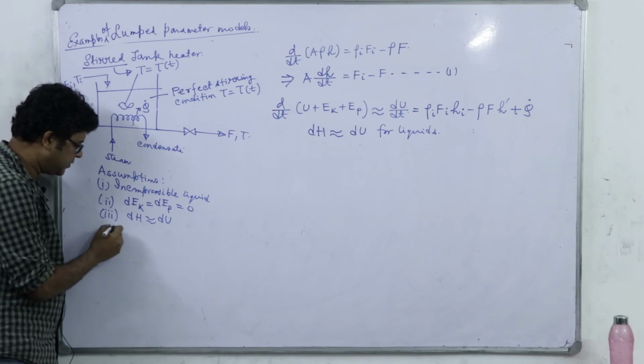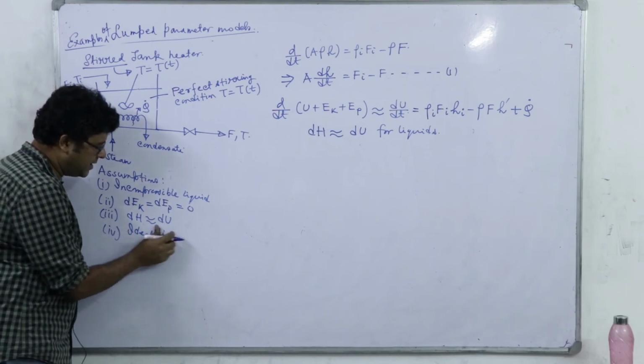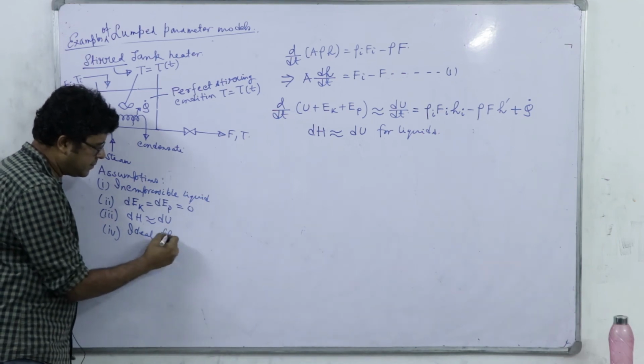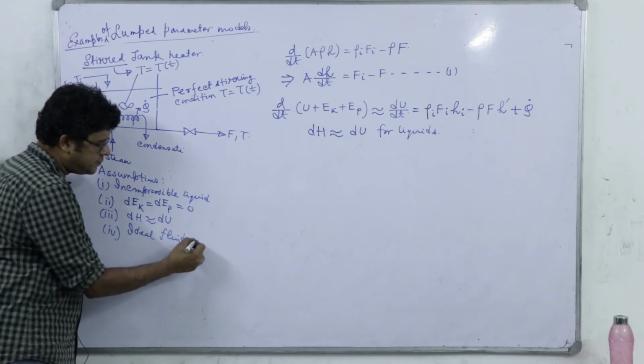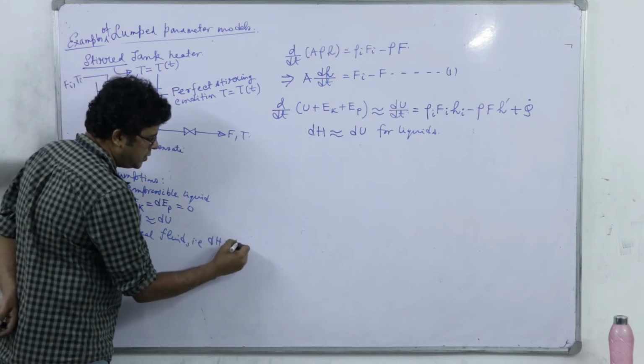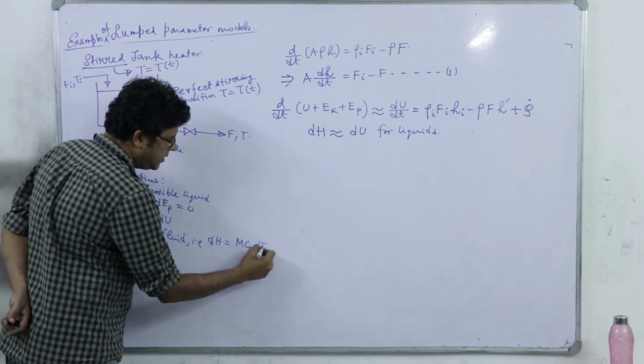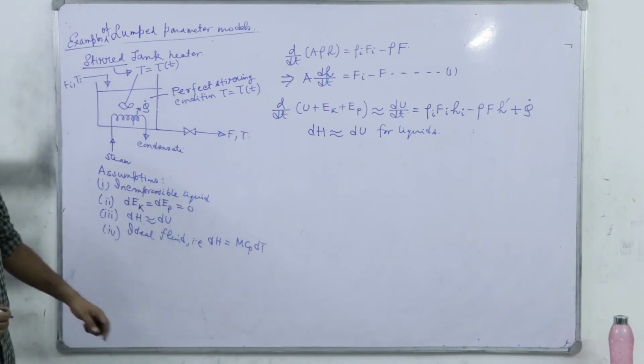And fourth assumption is ideal liquid or ideal fluid, that is dH is equal to m Cp dT, that we can use.